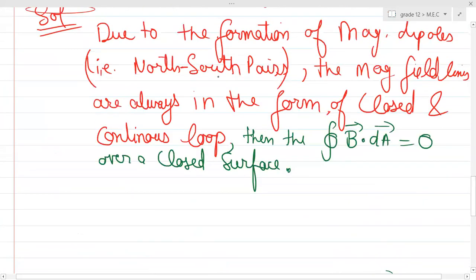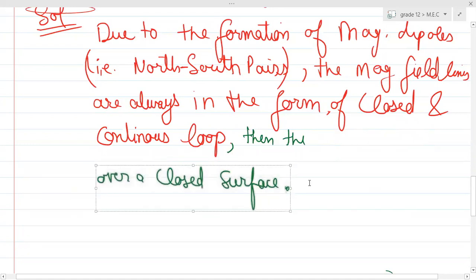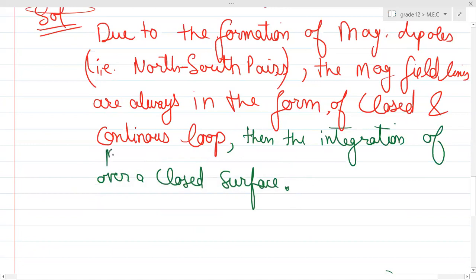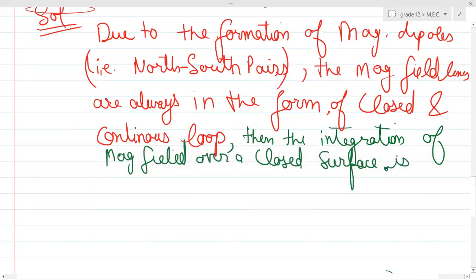So due to the formation of magnetic dipole, the magnetic lines are always in the form of closed loops. I'll write it in words. Maybe this question will be asked in school. I don't know where I saw this. But then the integration of magnetic field over a closed surface is 0.